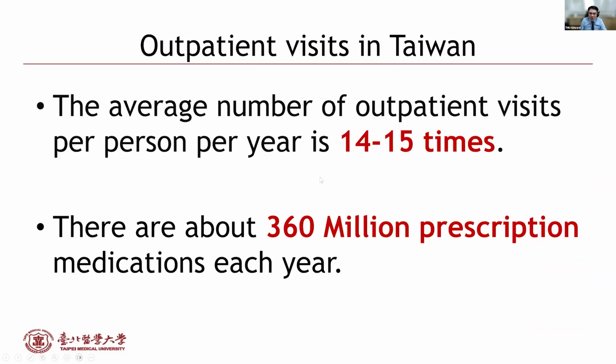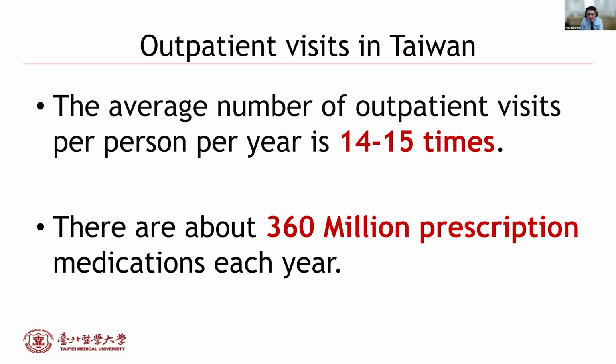Now we talk about polypharmacy. I just want to give you one number for outpatient visits in Taiwan. The average number of outpatient visits per person per year is 14 to 50 times, which will induce about 360 million prescriptions per year. Do you think 14 or 50 times is high?